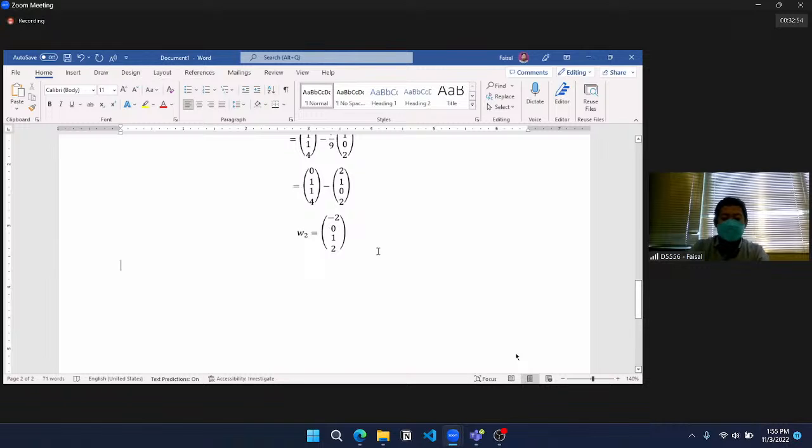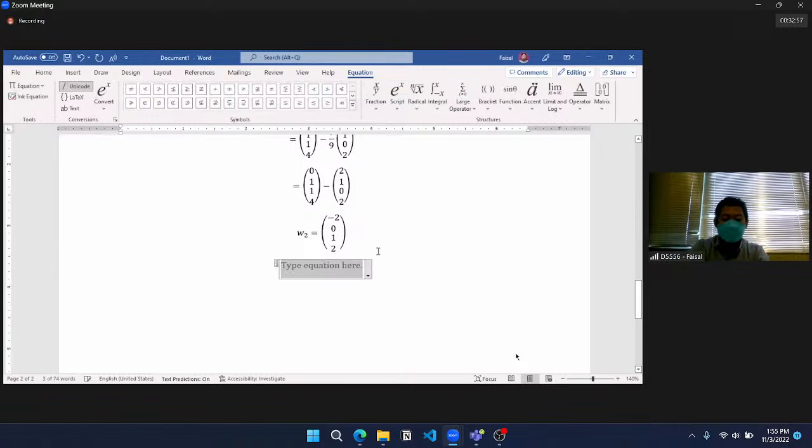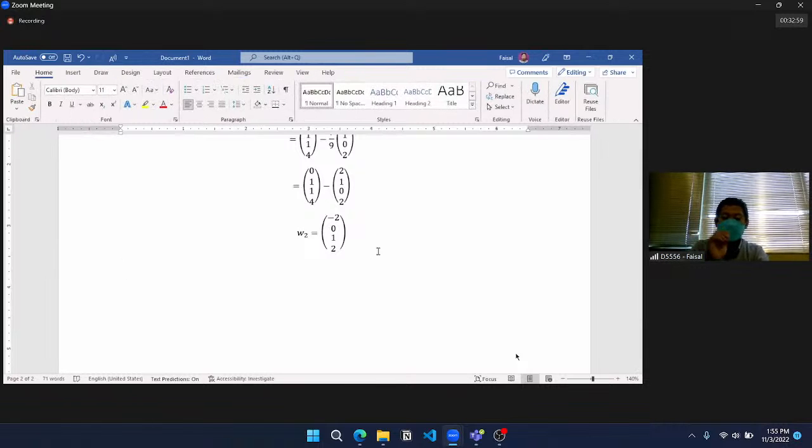Now we have two vectors which are mutually orthogonal.